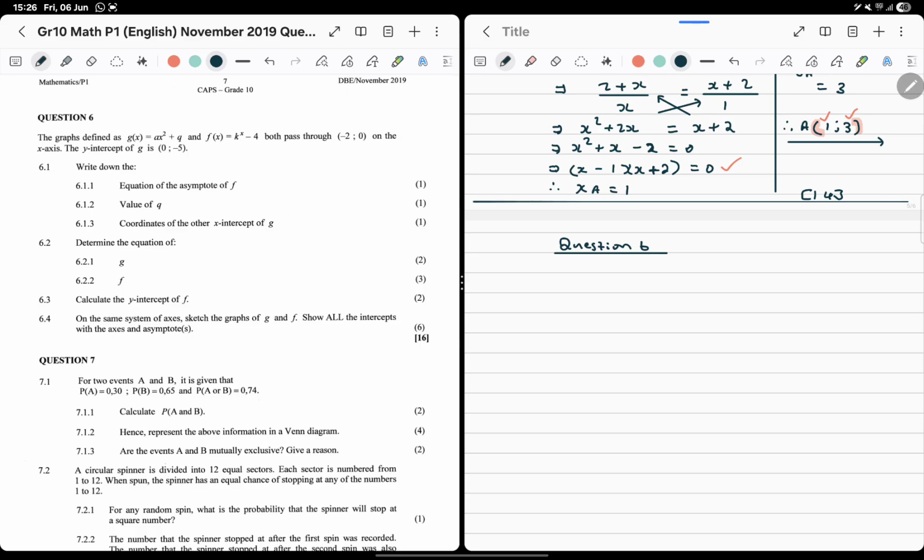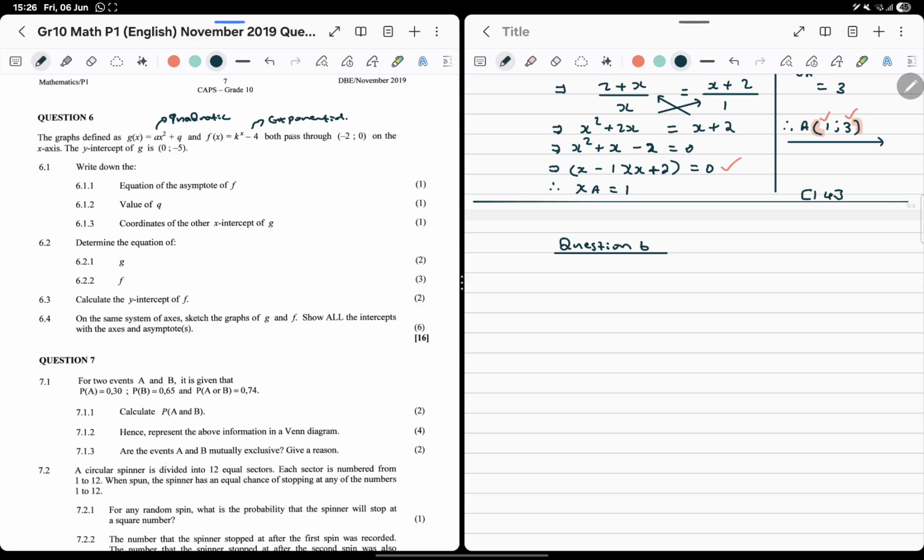Question 6, the graph is defined as g of x equals ax squared plus q. We know that this is quadratic, right? And f of x equals k to the exponent x. Please don't say k to the power x. Now this is an exponential.